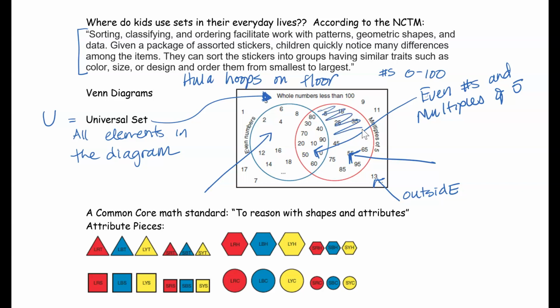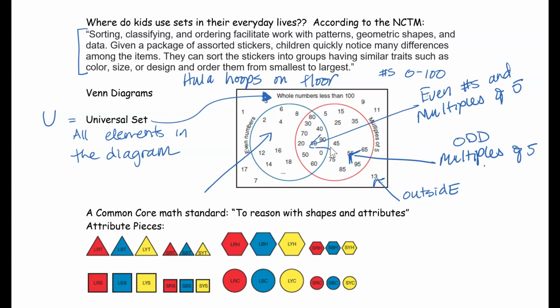So this next piece, I'm looking at just this part. That would be multiples of 5. If you had different colors, you could color these in different colors on your notes. That would be helpful. So these would be multiples of 5 that are not even. We'll just say odd multiples of 5. Okay, I'm going to erase that.